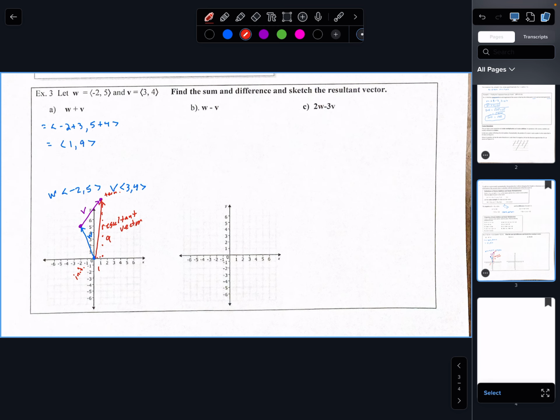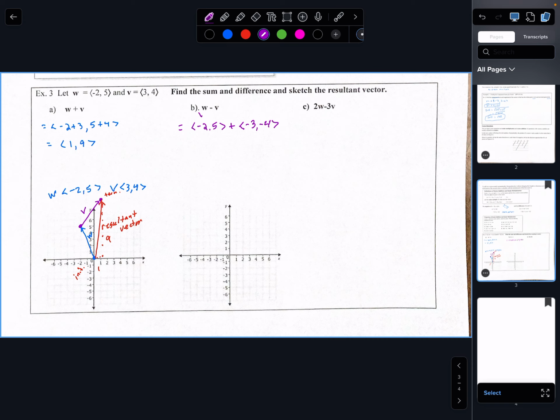All right, so for the subtraction, I'm going to think of it as negative 2, 5 plus the opposite of the second vector, where we negate both of the signs.